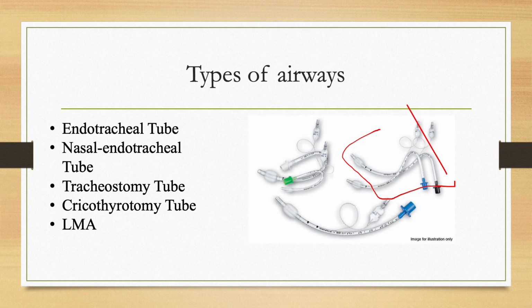This could be indicated for a patient that has maybe oral trauma or anything like that. It was in a car wreck, maybe a huge mass or tumors occluding their mouth, and an endotracheal tube cannot be placed orally.